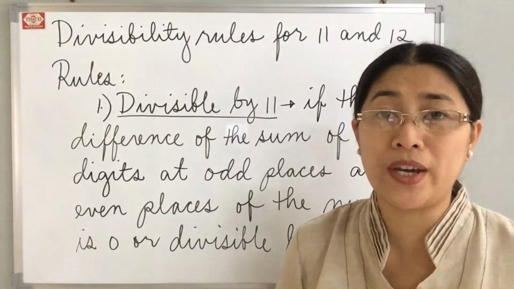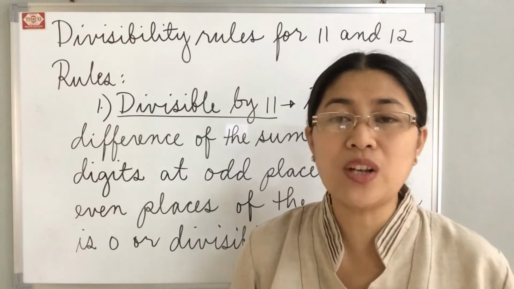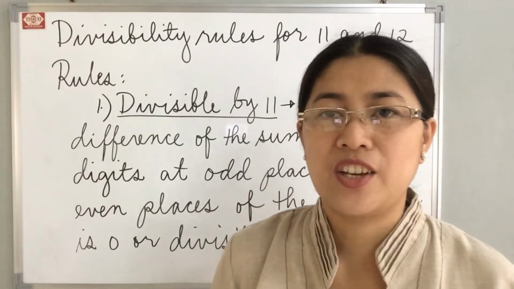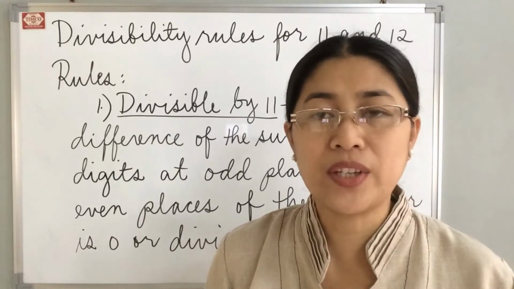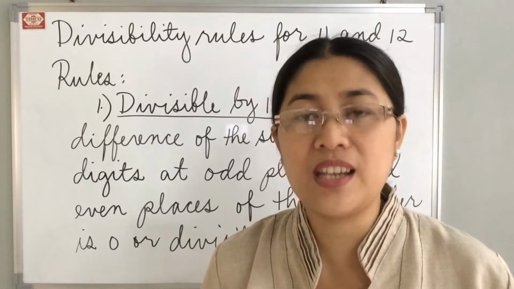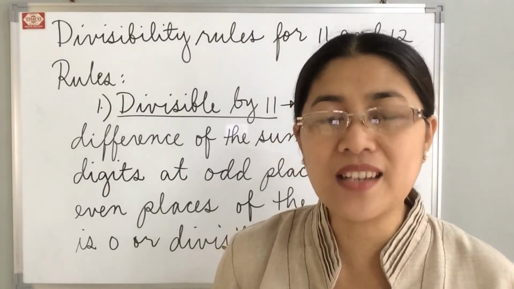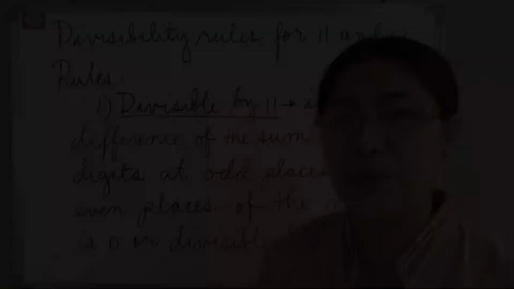So our rule is quite long and seems confusing, but it only means that you're just going to add all the digits in the odd places and all the digits in the even places, and then get the difference. Okay, let me show you.